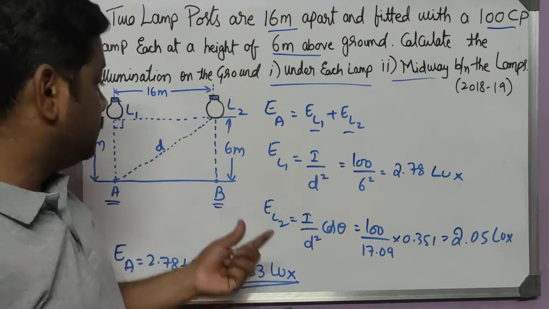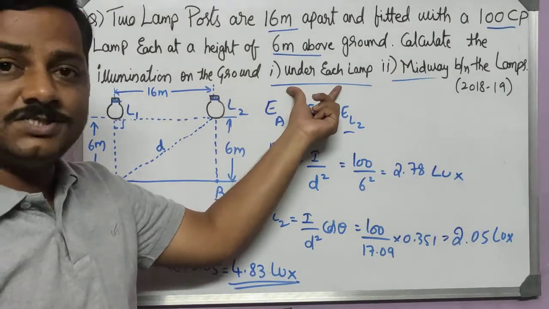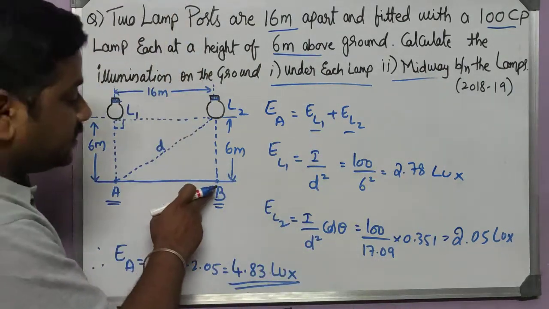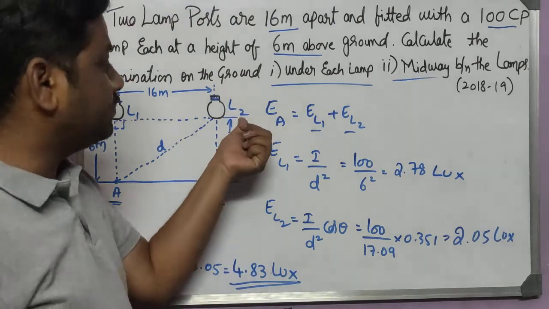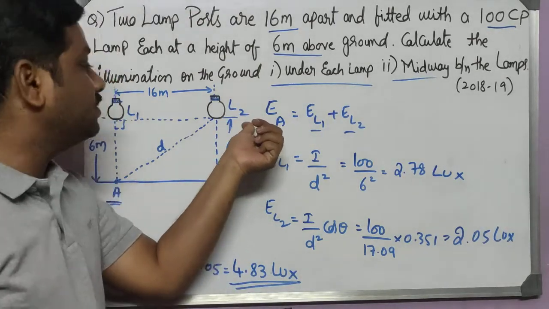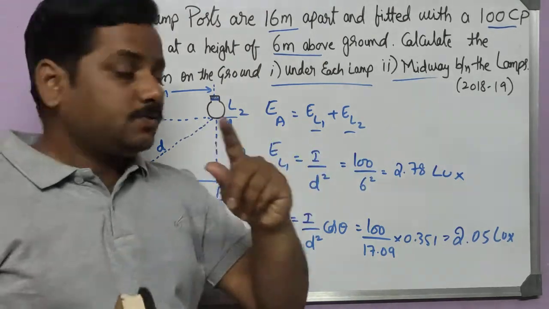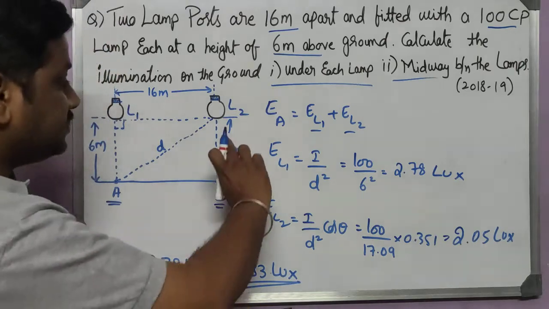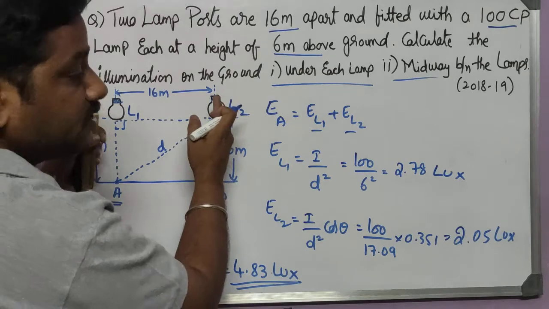Next what you need to do, you have to find illumination at point B also, because they mentioned in the first condition what is the illumination under each lamp. So when you consider this point, we have to find the same case, illumination because of this lamp L2 and illumination because of the lamp L1. So we get the same condition, and you should not repeat the process, because you should understand here the distance I have here, 6 meter, is the same distance I have here, and the spacing is also 16 meter.